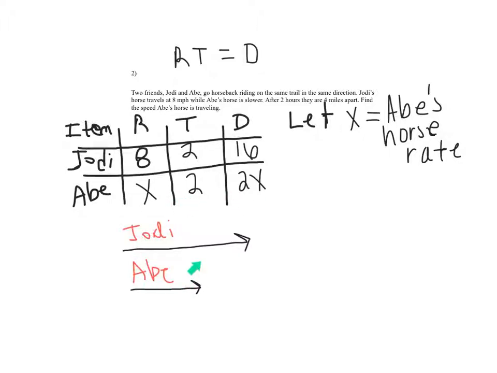So here's our fundamental diagram again. Jody is the faster horse, Abe was slower. So Jody is going to be farther ahead than Abe. And this difference here in their distance is, we're looking for it to be 4 miles apart.